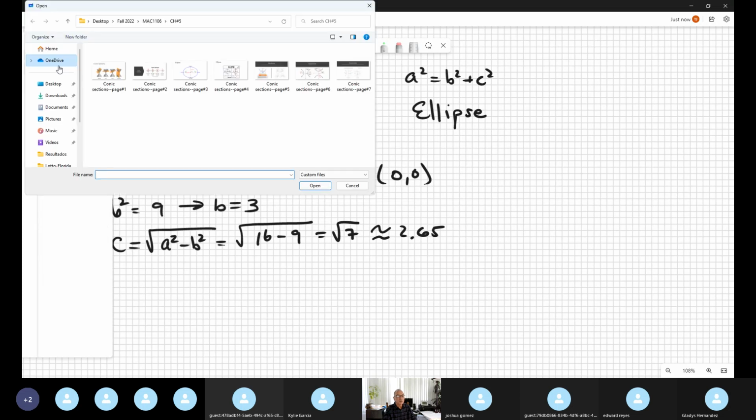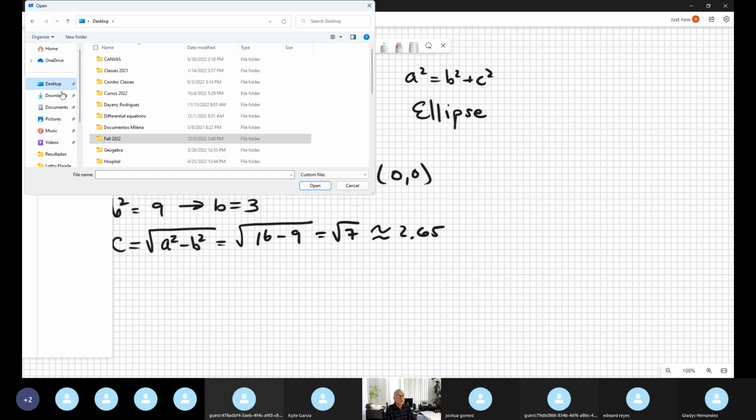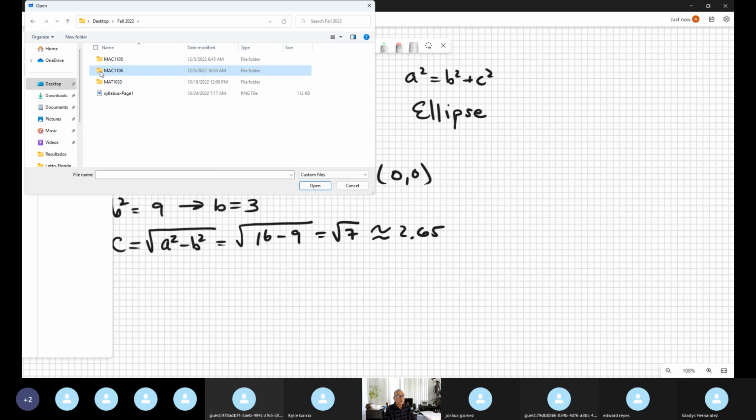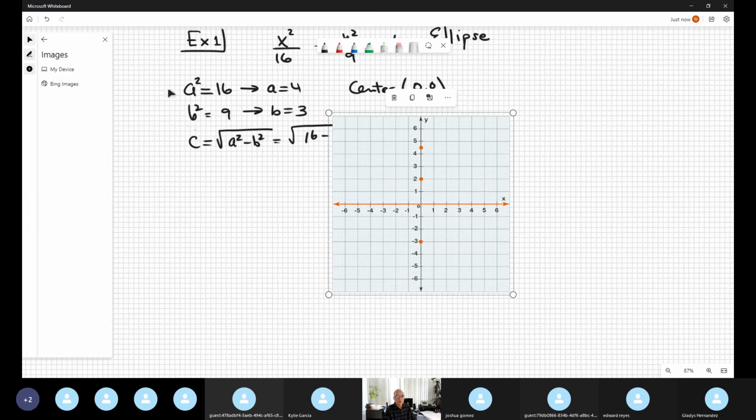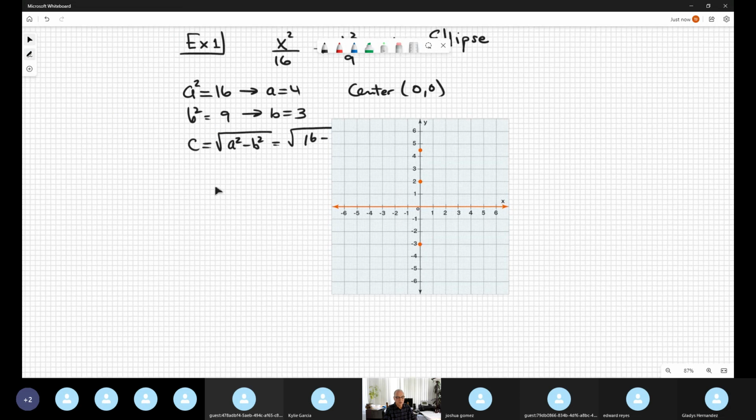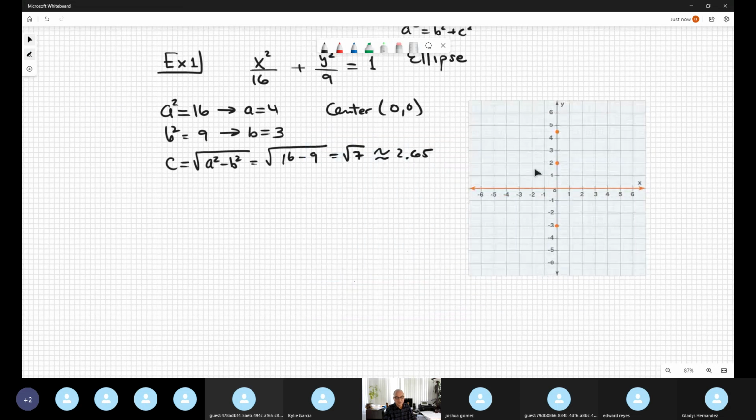Okay, let me try exactly here. Let me see, I don't remember very well where the rectangular coordinate system is. It's supposed to be here. Oh, over there. Rectangular coordinate system. Of course, we are doing decimals. I'm doing more than this.